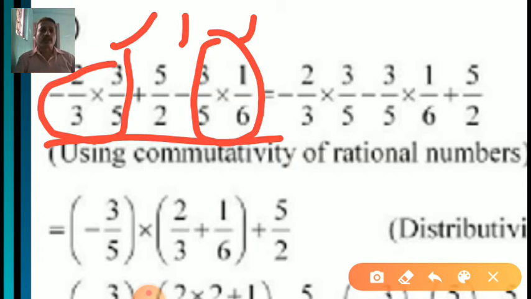Now let's check. We have to find a common number in any terms. Did you find any common number, student? Yes, the last term and first term have one common term, that's 3 upon 5.